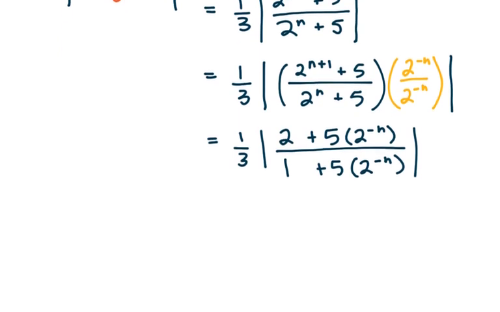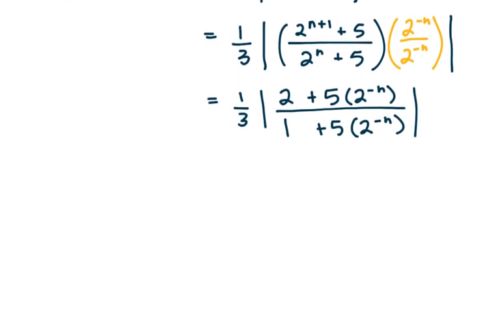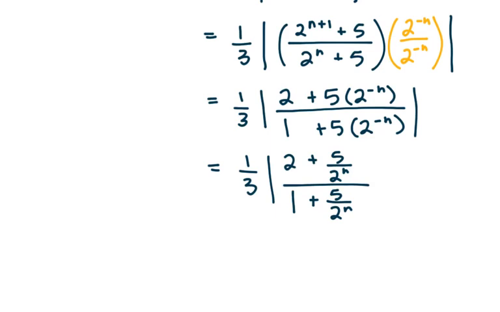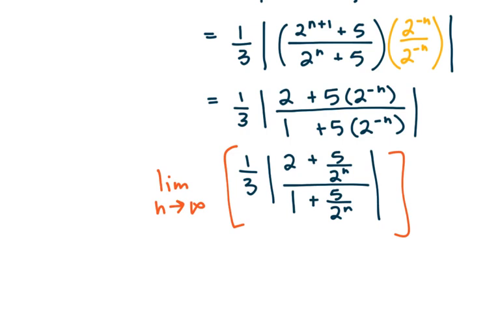So I'll just do one more algebraic manipulation here. This is 1/3 times 2 plus 5 over 2 to the n over 1 plus 5 over 2 to the n. So this is my ratio, the absolute value of my ratio of the two terms. If I take all of this and look at, well, what is the limit as n approaches infinity?